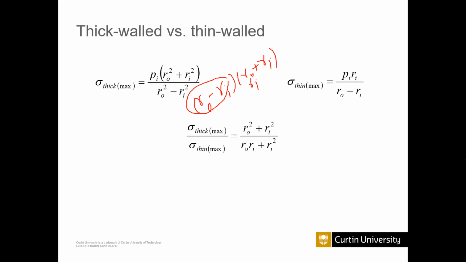Then we will consider Ri divided by R naught. As I told you, Ri and R naught are constants for the particular case, so you can call the ratio a constant also. Then this equation will be simplified like this. So this is the equation.